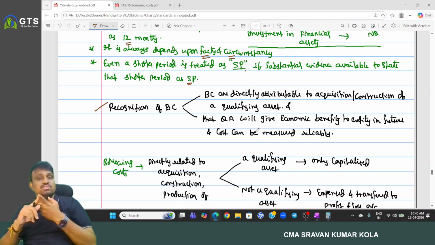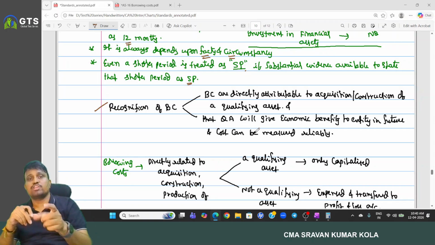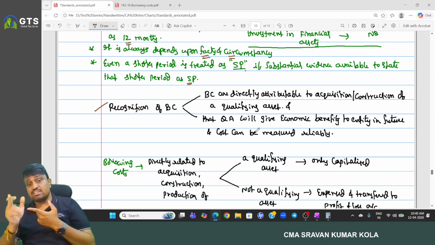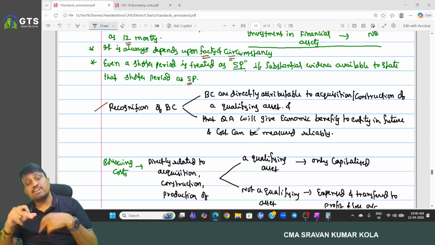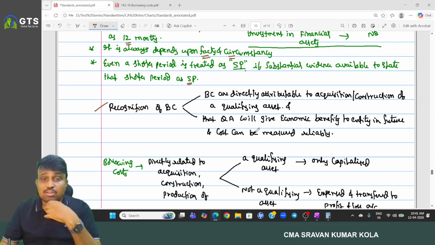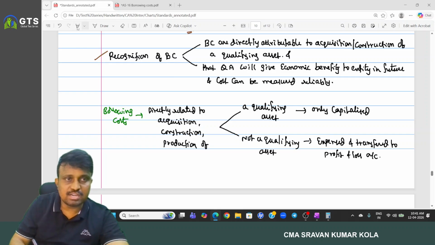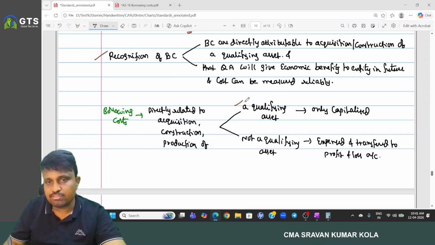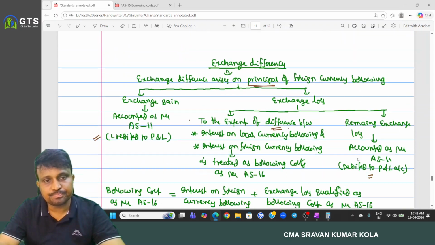If it is relating to a non-qualifying asset, it is not covered. The borrowing cost directly attributable to a qualifying asset is only capitalized; for a non-qualifying asset, it is expensed and transferred to profit and loss account.